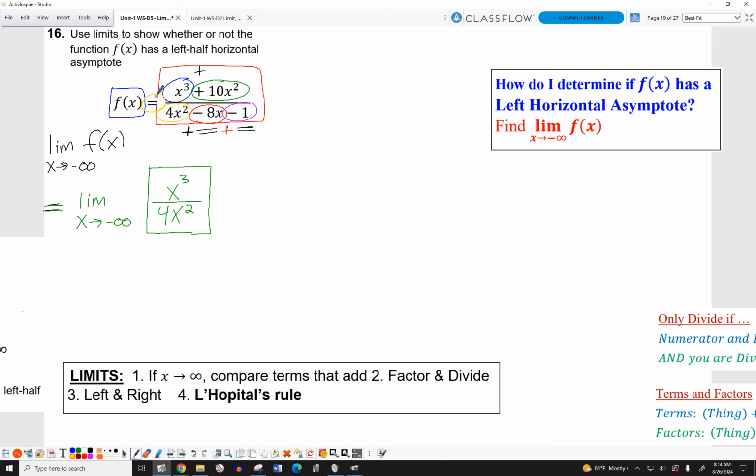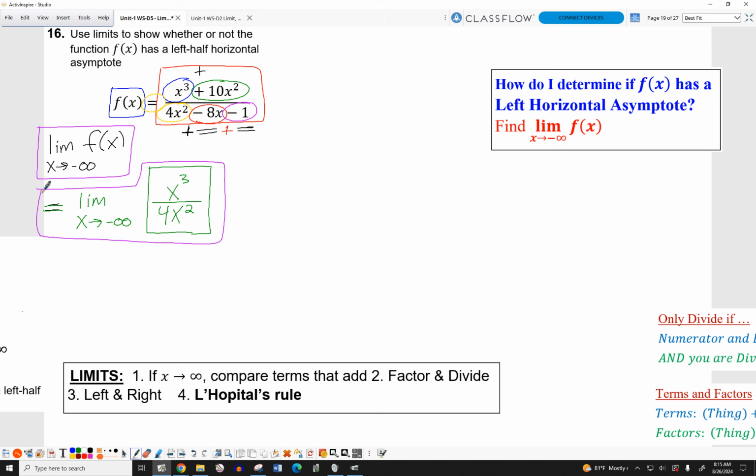What we said was, if x is going to go more and more negative forever, then it doesn't really matter whether we use the red or the green. But they are different formulas. This purple limit is going to be identical to this purple limit because x is approaching negative infinity. But f of x is not equal to the green formula. It only works because x is approaching negative infinity.